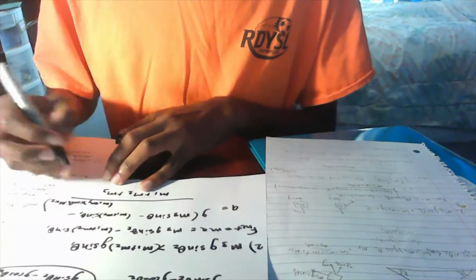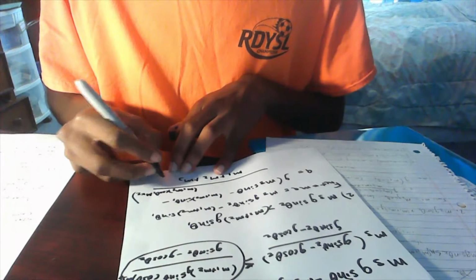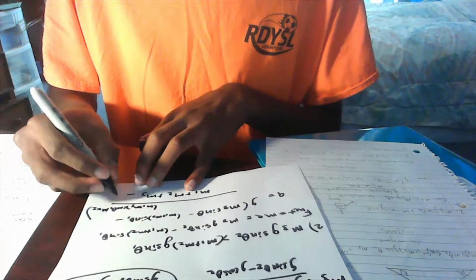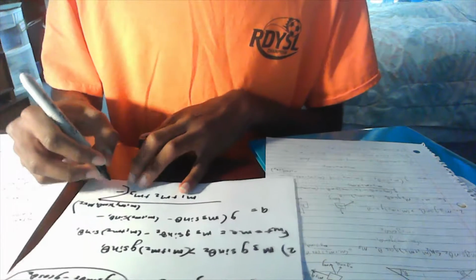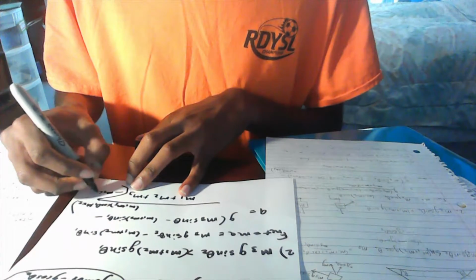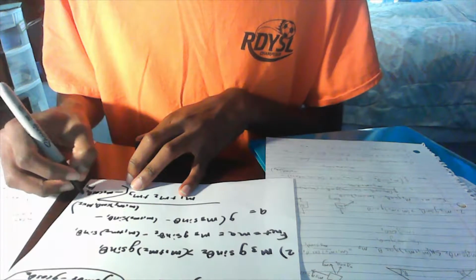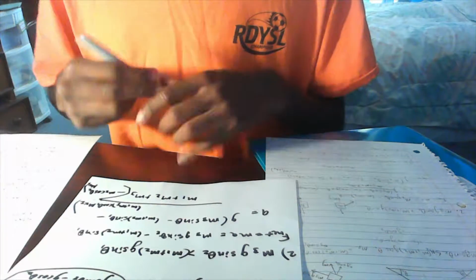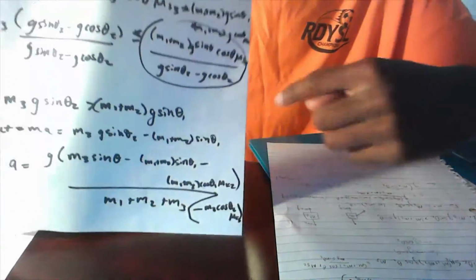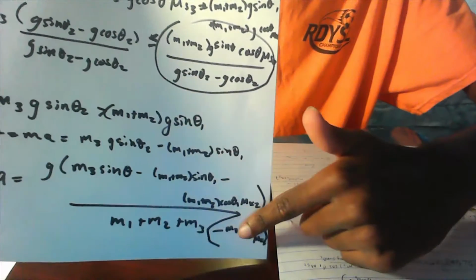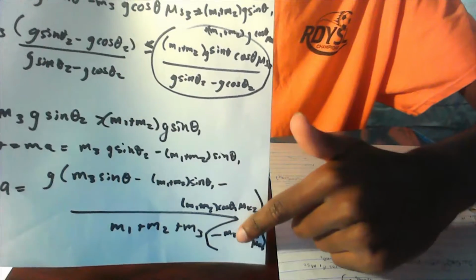On the numerator, you have minus, we just have to add the force again, parallel to the incline, of gravity. Then we have the friction here, and then this is the friction that mass 3 experiences on the incline.